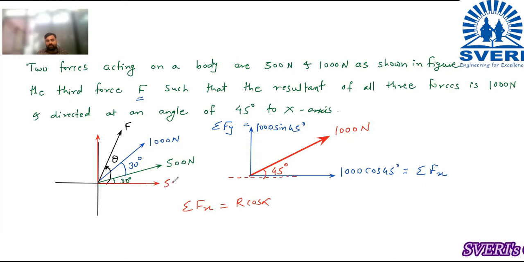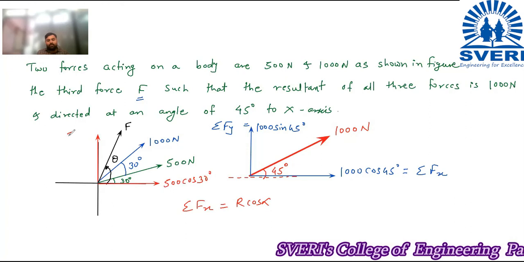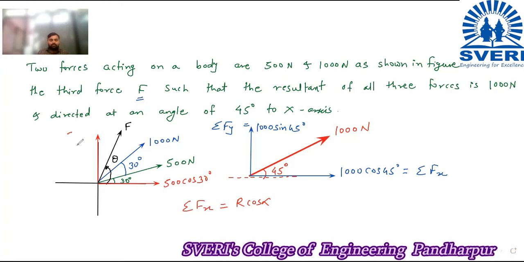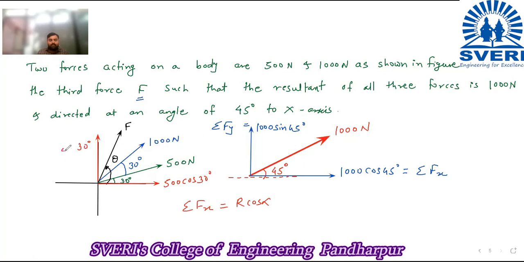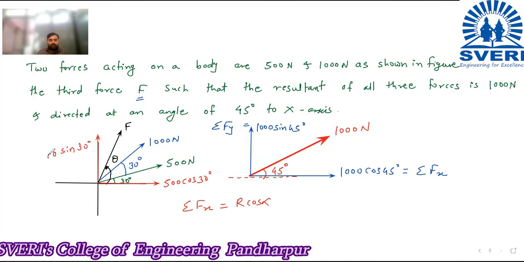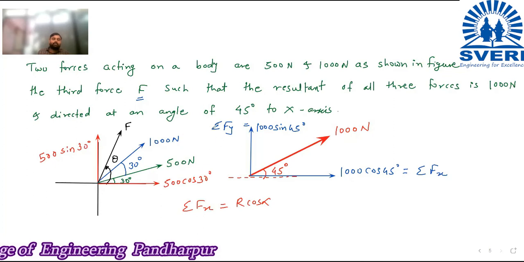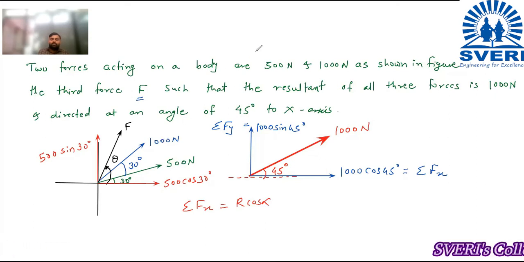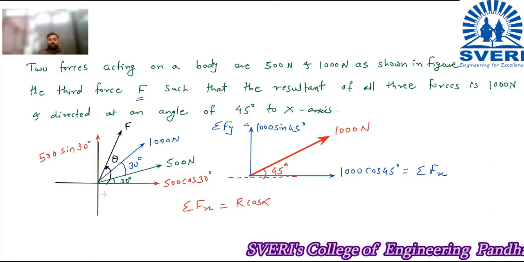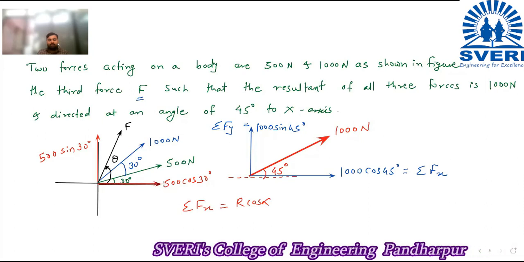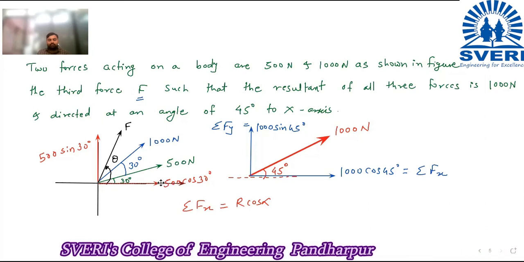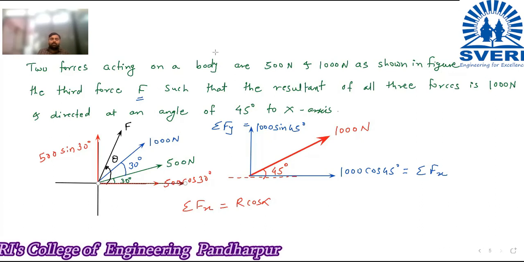This is 500 cos 30 and this is 500 sin 30. Now again, if you resolve the force of this 1000 Newton, one component is parallel to x and another component is parallel to y.